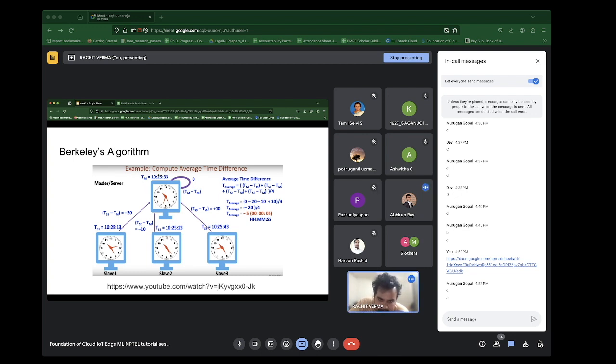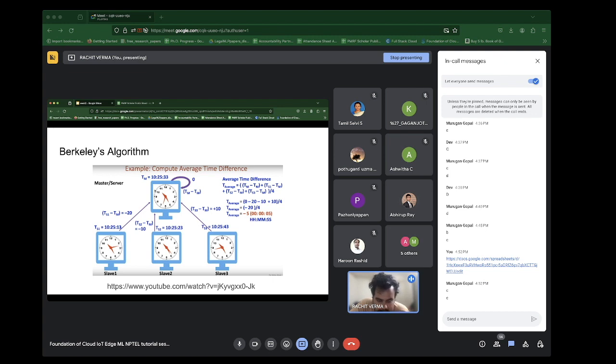If I'm not wrong, if you look at NTP, that has the perfect root node, stratum 0, that gets synchronized with UTC. You can cross check this also once for me.